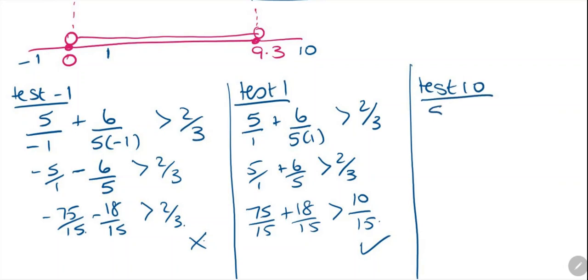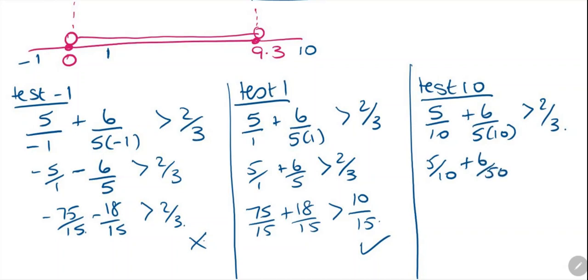So 5 divided by 10 plus 6 divided by 5 times 10. and we want to see if this is greater than 2/3. So 5/10 plus 6/50 and 2/3. So our lowest common multiple this time is going to be 150.